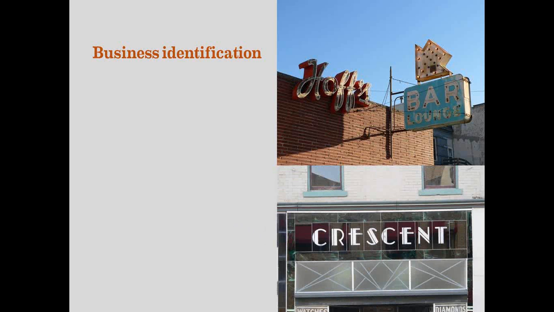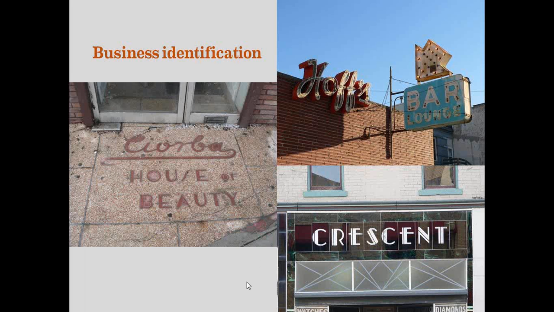There are certainly examples on Main Street of signs that are more integrated into the architecture, like the Crescent Jewelry sign, which is etched and painted structural glass panels above the transom level of this storefront. And then we have examples of signage at various places on a facade, including at our feet.